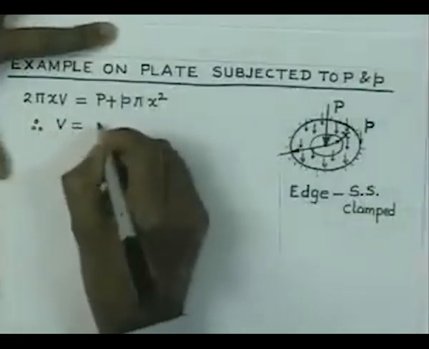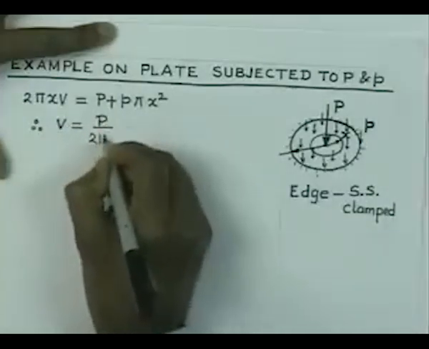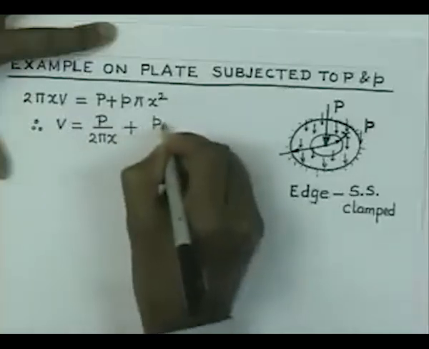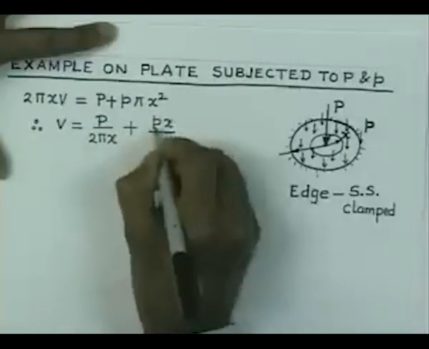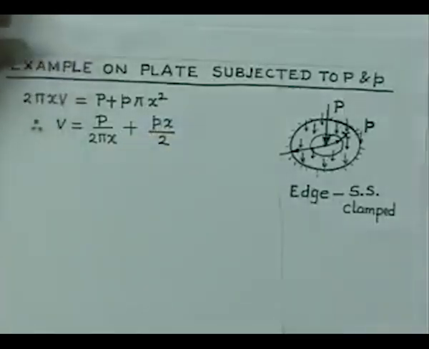Therefore, V is equal to P/(2 pi x) plus small p into x/2. That is the shear force.